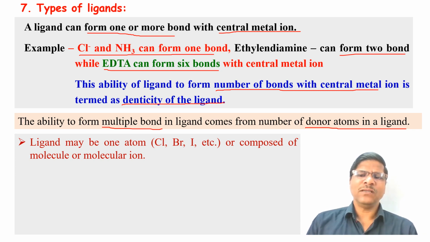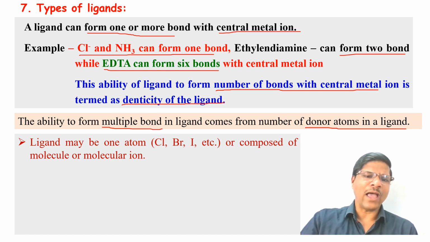While oxalate, sulfate, carbonate are molecular ions. So a ligand may be made up of one atom, a molecule, or a molecular ion.